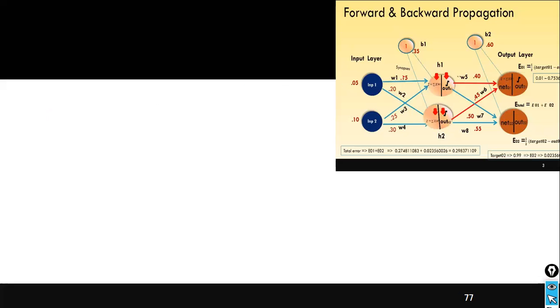So here, what is the value for your net H1? In the case of forward propagation, net H1 is equivalent to W1 into your input I1 plus W2 into I2 and B1 into 1. Here the bias B1 is placed here because of space.